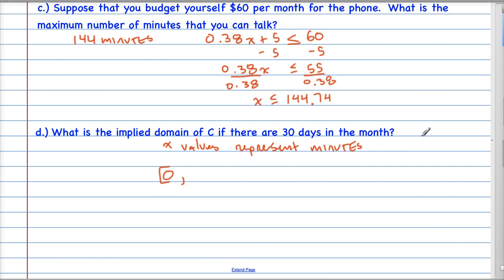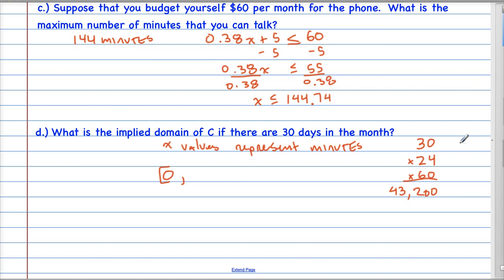Well, there are 30 days in a month times 24 hours in a day times 60 minutes in an hour, and we could come up with that total number. So 30 times 24 times 60 would give us 43,200 minutes total. But I'm probably not going to talk on my phone 24/7 for an entire month, right?